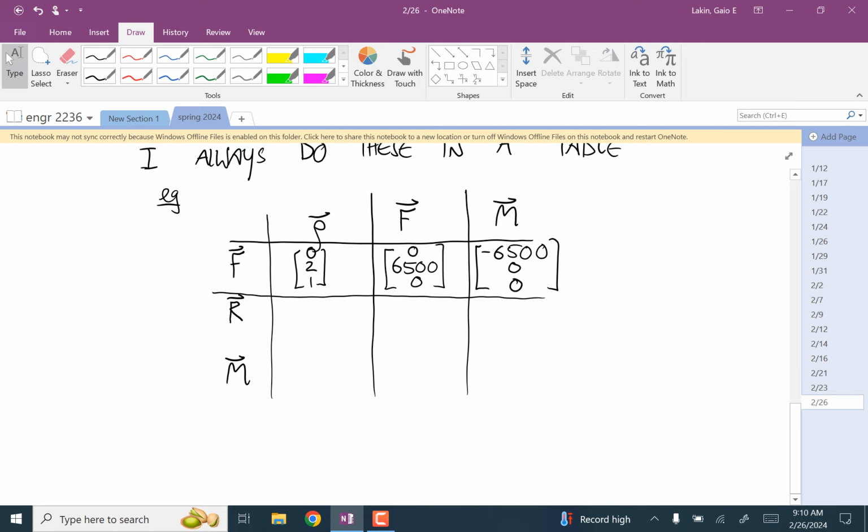And then for r, let's say that the vector from A to where the force is applied is that. Let's say that the force vector is 0, 0, negative 9,000. So for the x component, you have 0 minus 0.